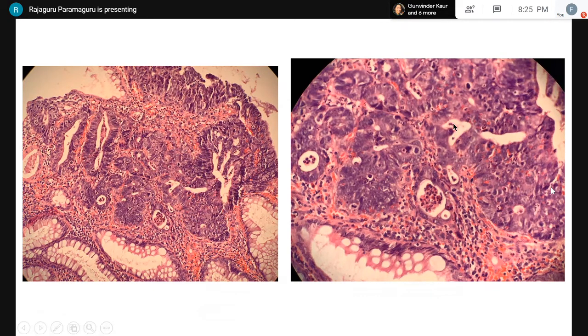High-grade dysplasia is going to show similar cytomorphological findings, but architecturally it is not going to be very complex as we see here, and there is not going to be much desmoplastic reaction in the lamina propria. As we see, there are a lot of changes in this particular site compared to the lamina propria over here. So this is what I wanted to stress.